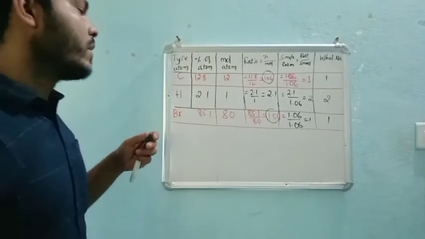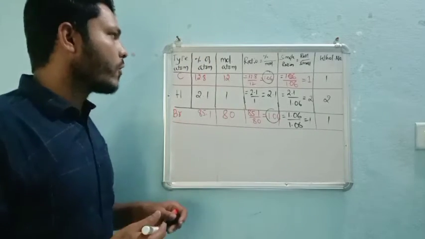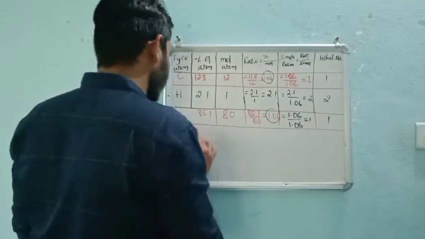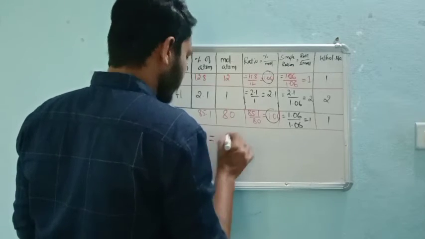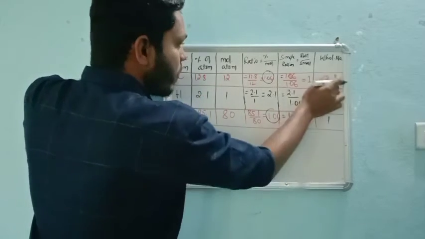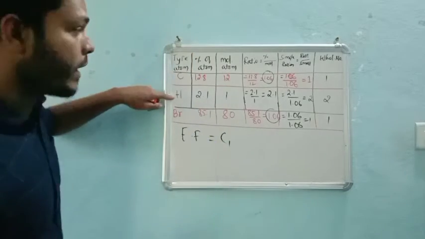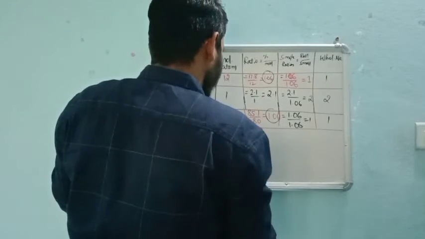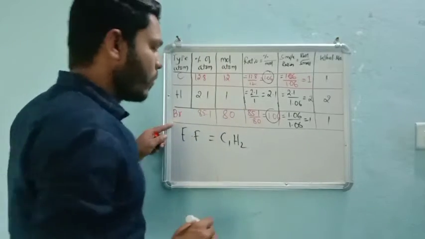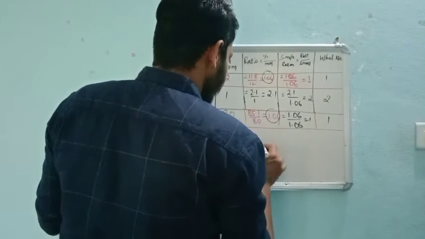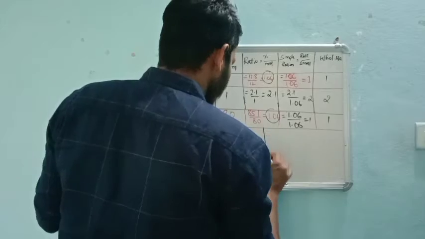So what will be our empirical formula? The empirical formula will be: first is carbon. How many carbon? 1 carbon. Next is hydrogen. How many hydrogen do we have? 2 in the empirical formula. And then bromine, we have 1. This is our empirical formula.